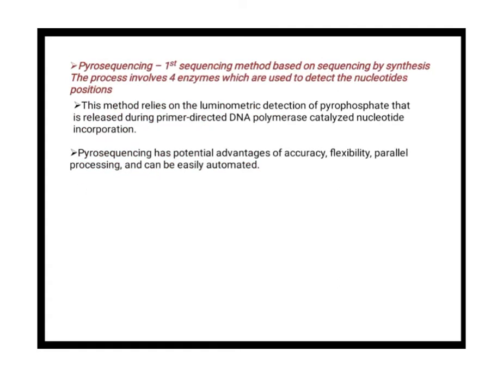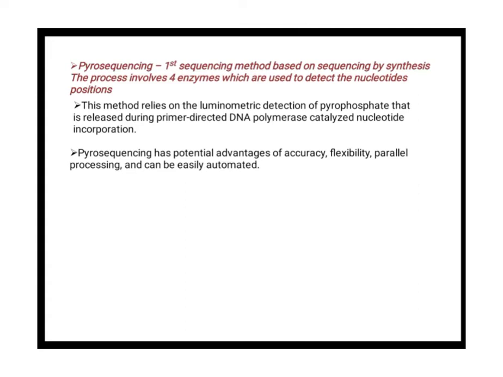To understand pyrosequencing, you should first know on what basis this technique runs. The pyrosequencing method is based on sequencing by synthesis. This process involves four types of enzymes which are used to detect the nucleotide position.